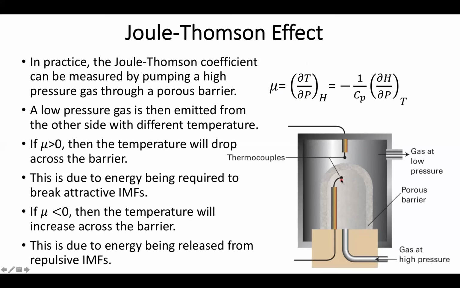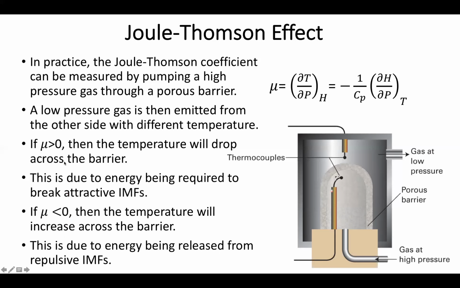So what I now have is a highly compact substance, which is essentially saying, I don't want to be with you, I don't want to be with you, goes through the barrier, and I'm not with you, so I'm going to run away. And so I change that dislike of itself into translational energy, thus increased temperature. So again, this is entirely due to intermolecular forces, so this is only going to be present for a non-ideal gas.